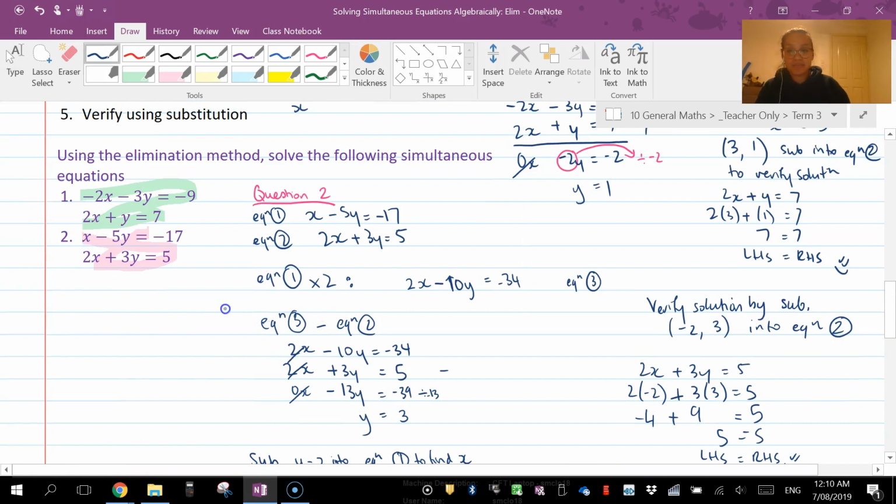So, for example, if this was a 3 and a 4, then you would use 12 as your number so that you can eliminate, or 15 over here if you want to eliminate that as well, or if you prefer to eliminate the y's first. So multiplication isn't limited to just one of your equations.